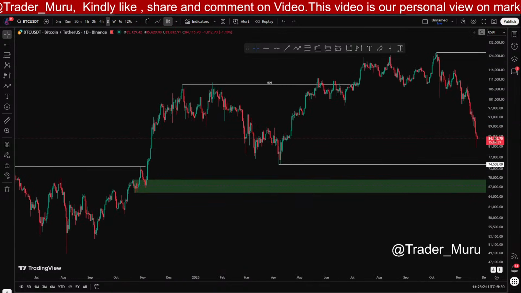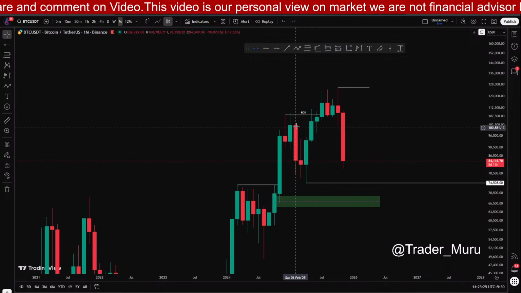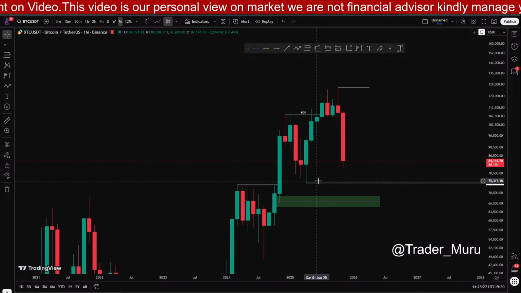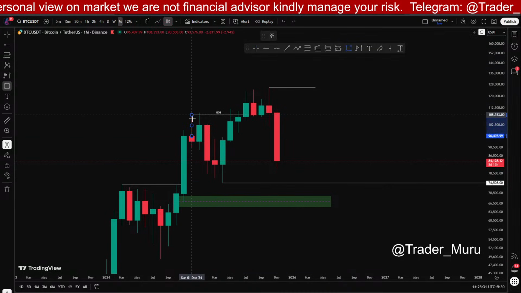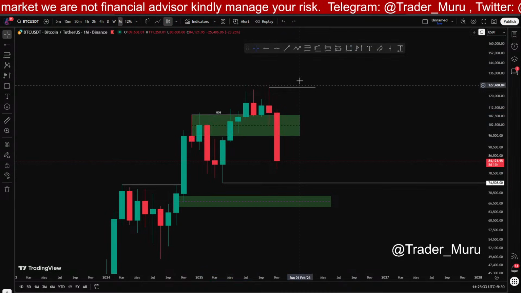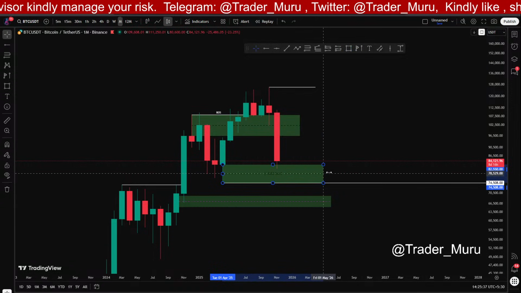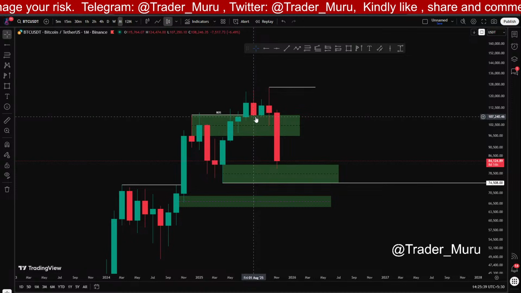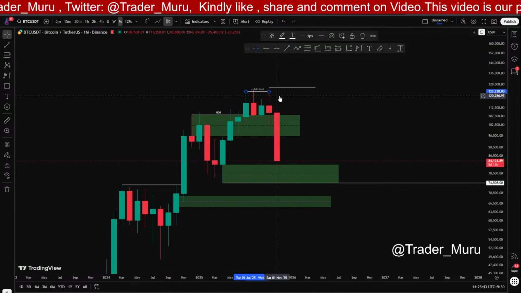So for BTC in monthly time frame, we have a breakout structure. After the breakout structure, mostly price bounces from the first zone, this, and the second zone is this. Price already bounced from here and hit its target of this high.